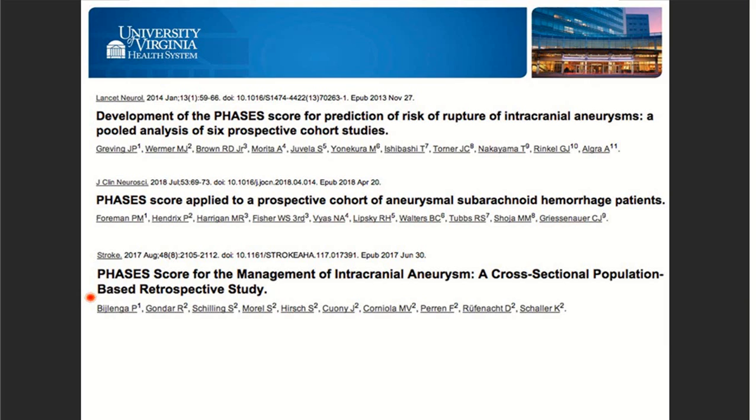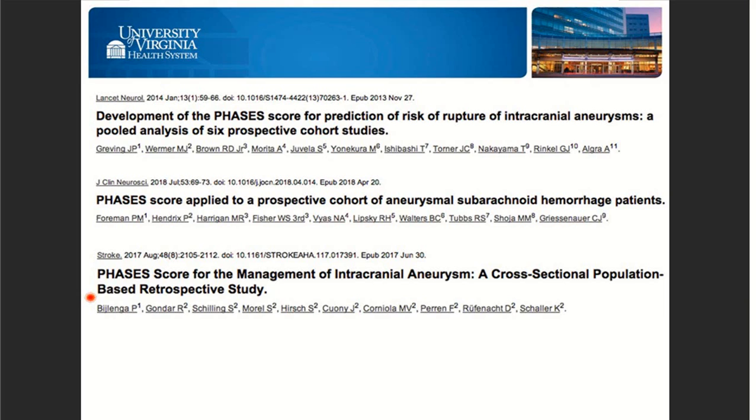So the PHASES score was developed as a screening tool for predicting the risk of rupture of intracranial aneurysm. And it's been studied extensively to determine whether or not it has validity in terms of medical practice. I think it can serve as a screening tool to guide your management, but as we know, it's not perfectly applicable to all patients, and there are instances where your recommendation may differ from the recommendation based on the scoring.